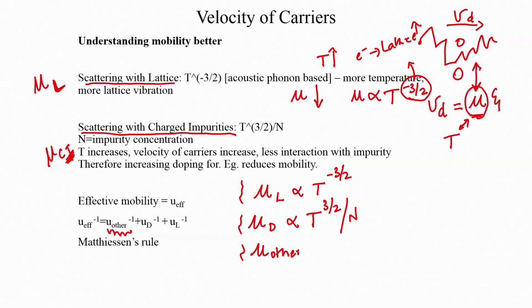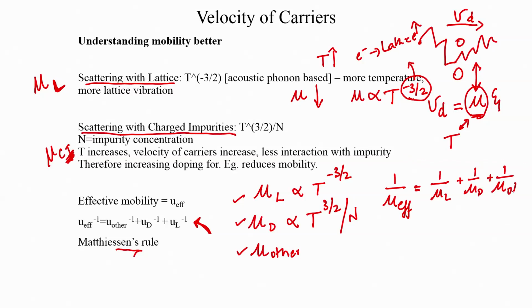That effective mobility calculation is given by a very simple empirical formula, which has a small logical argument with regards to how the electron interacts with the lattice, and it's called Matthiessen's rule. It says that if you have these different individual mobilities due to different mechanisms, then the effective mobility of the electron in the semiconductor is given by 1 by mu effective equals 1 by mu L plus 1 by mu D plus 1 by the mobility due to any other mechanisms.